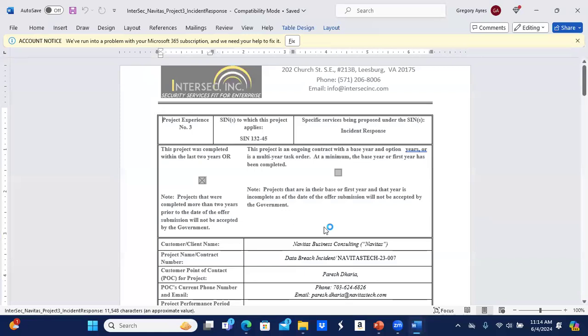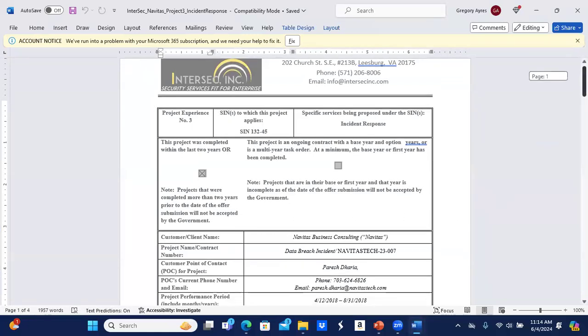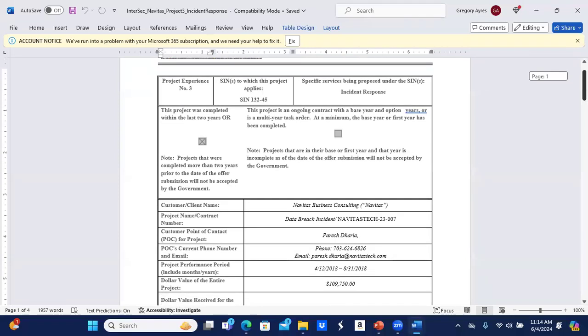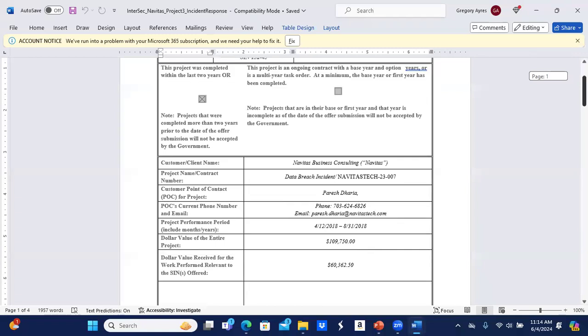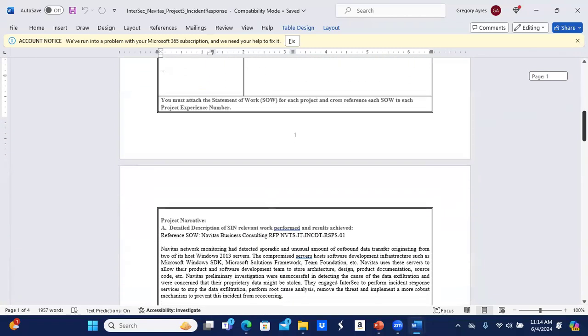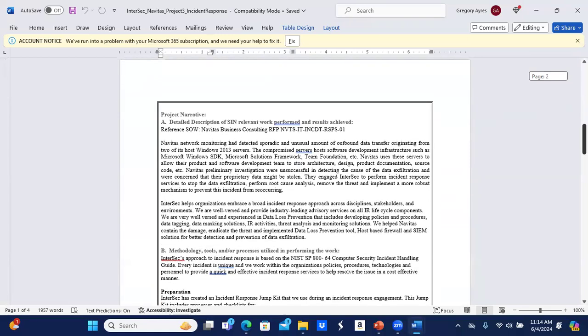This is what a project summary looks like. This is for, in this case, for the HACS SINs. Again, you have to answer all of this information, and this goes on for several pages.